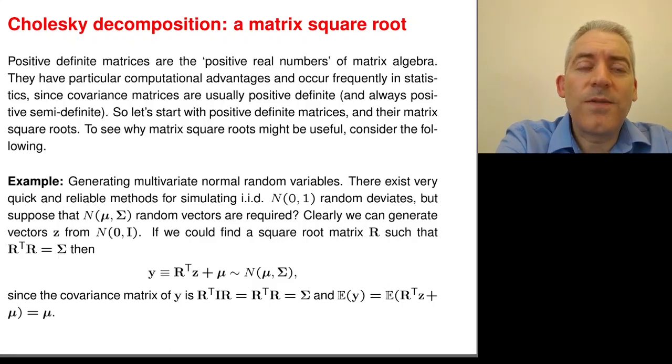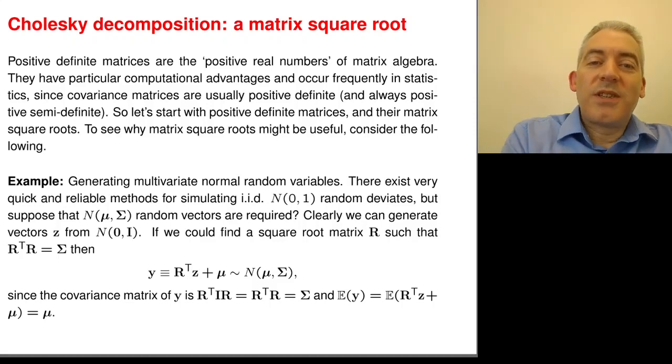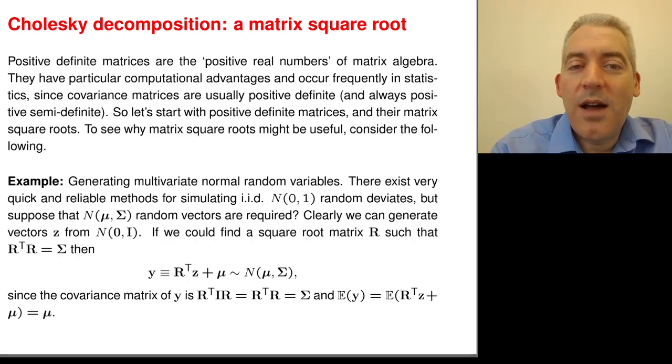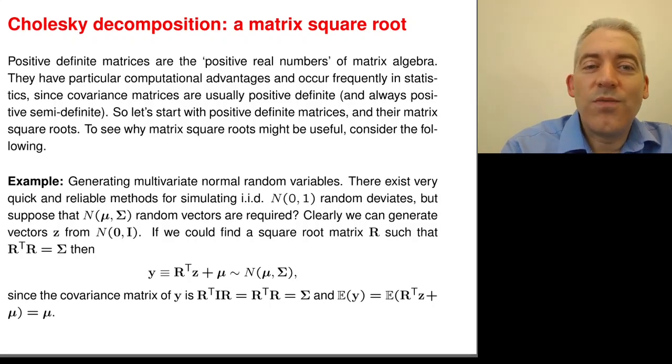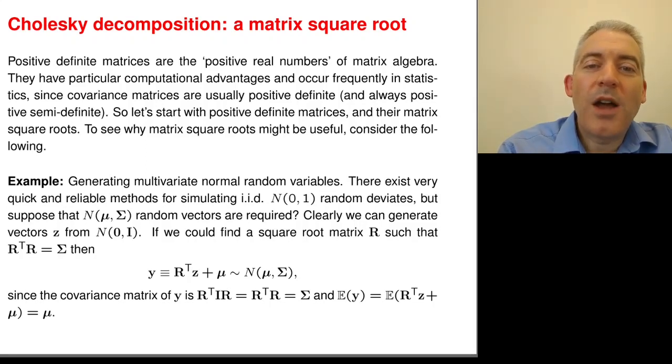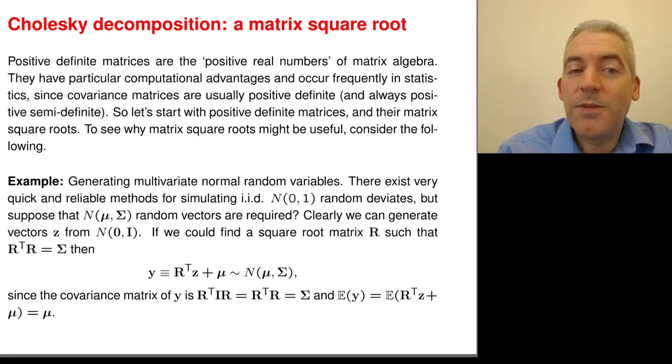So I guess the first thing to say is that in some sense, positive definite matrices are like positive real numbers. Okay, and we'll make that a bit more precise as we go along. Covariance matrices, or variance matrices if you prefer, are usually positive definite and always positive semi-definite.